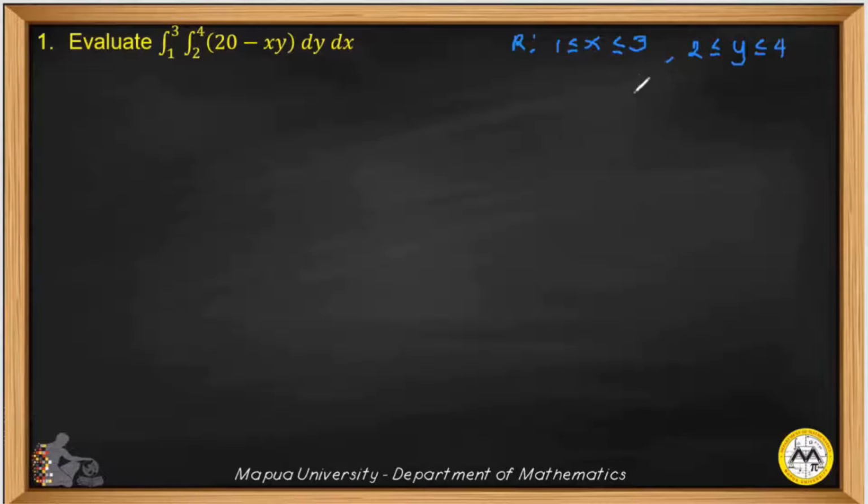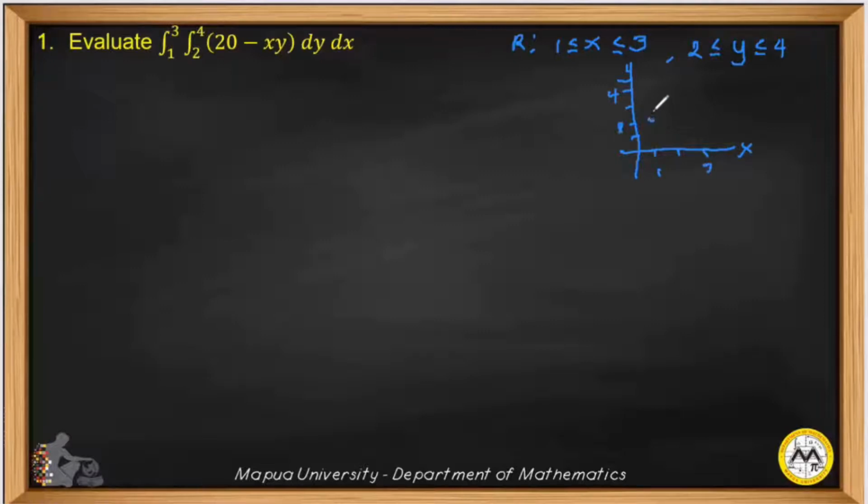If we are interested in how it looks on the xy plane, the rectangular region, if this is the x-axis and this is the y-axis, y goes from 2 to 4, so 1, 2, 3, 4. This is 2 and this is 4. And x goes from 1 to 3.